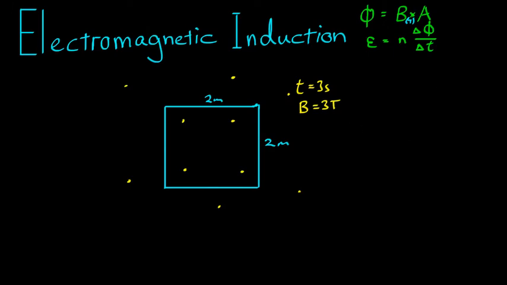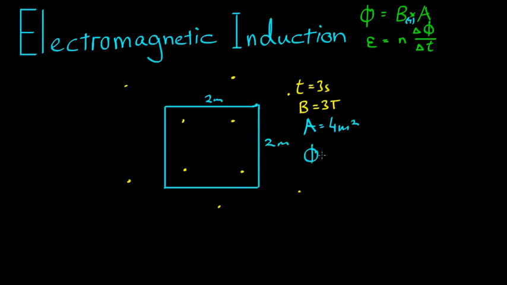First of all, recognize the concept of flux. It's basically a count of the number of magnetic field lines passing through an area. This is our area in here. The area is equal to 2 meters times 2 meters, 4 square meters.